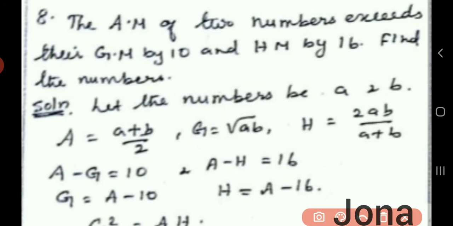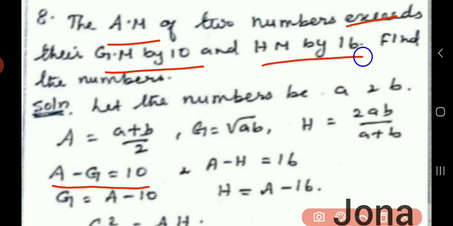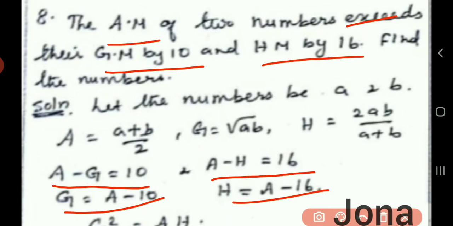From this problem, it's given that AM exceeds GM by 10, which is nothing but A minus G equal to 10. And HM by 16, that means A minus H equal to 16. So from this I can conclude G equal to A minus 10 and H equal to A minus 16.